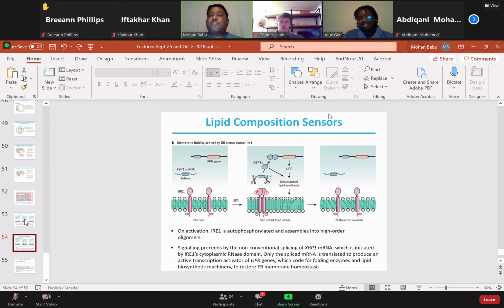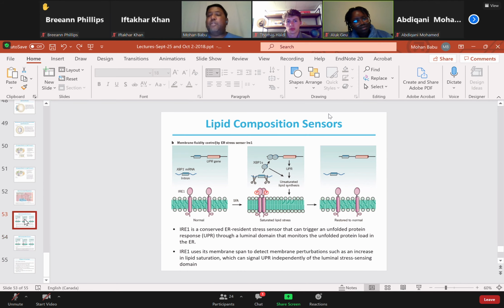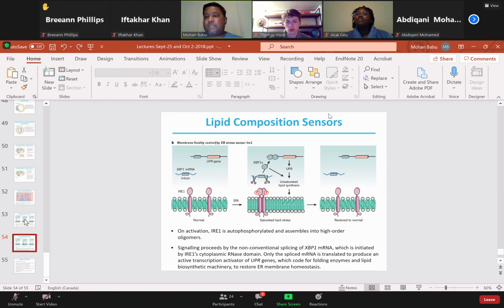The question is what happens to the lipids under stressful conditions. Under lipid stress, there's an increase in lipid saturation. That means there's an aggregation that creates a membrane perturbation or membrane impairment, because it's too much.